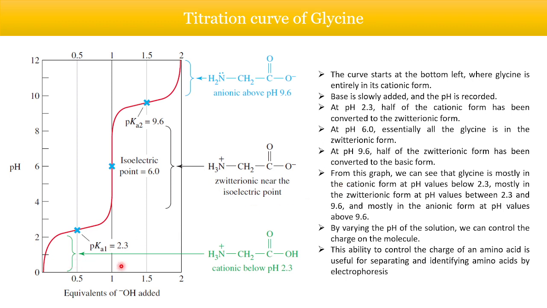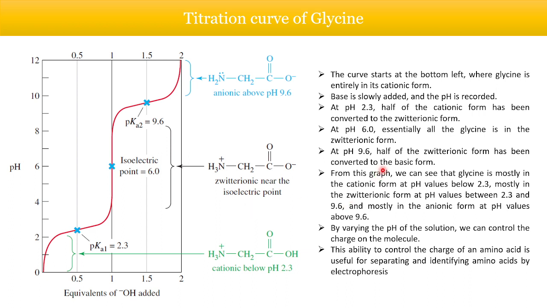So as the pH touches 2.3, half of your glycine would be present in the cationic form, and half of it would be present in the zwitterionic form. So at pH 2.3, the concentration of your cationic glycine and the zwitterionic glycine would be equal.